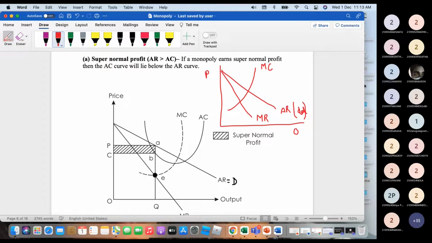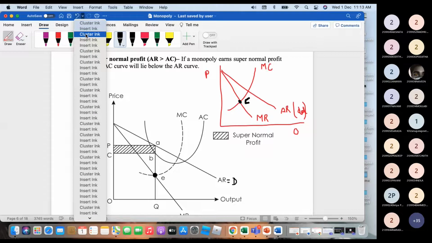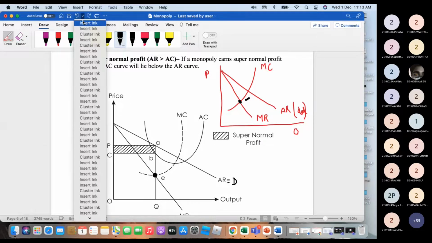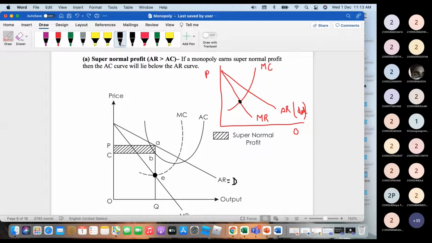And when you draw the MC curve, where the MC is cutting the MR, please put a point and write it as E. This is your equilibrium point, students.